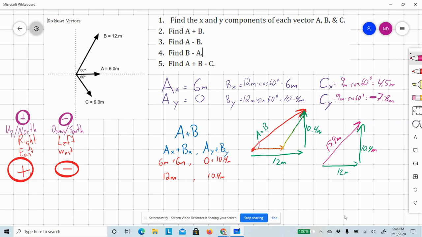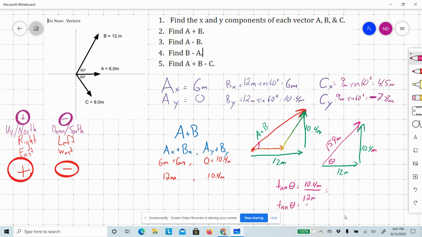But you also need to know the angle between them. What is this angle here? Tangent theta equals 10.4. Tangent is opposite over adjacent, 12 meters. 10.4 divided by 12 gives you some number.